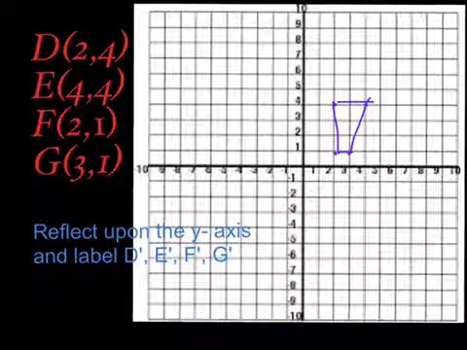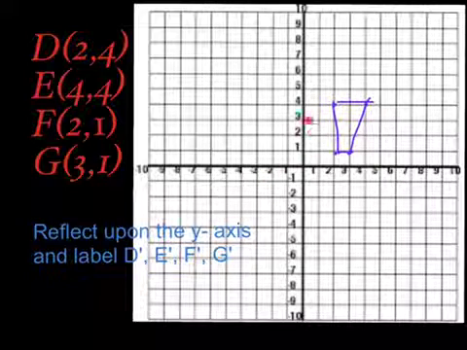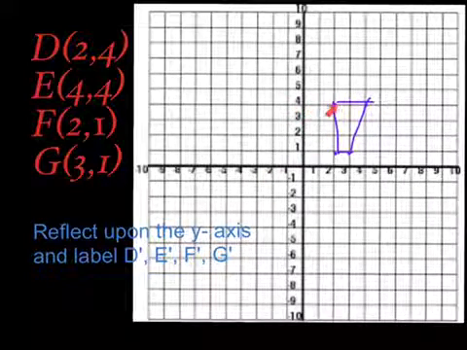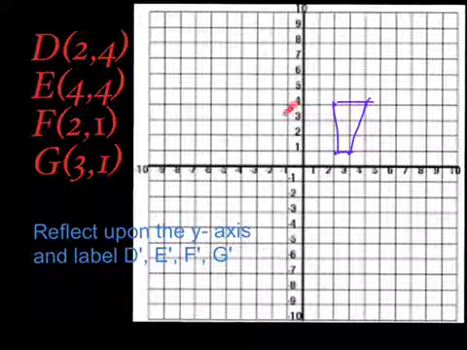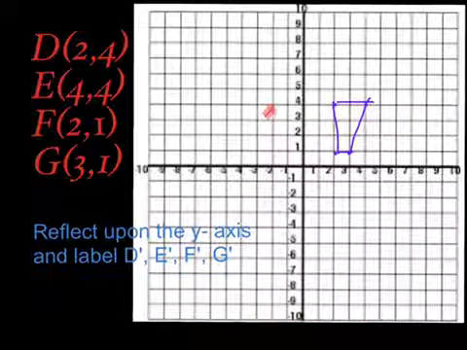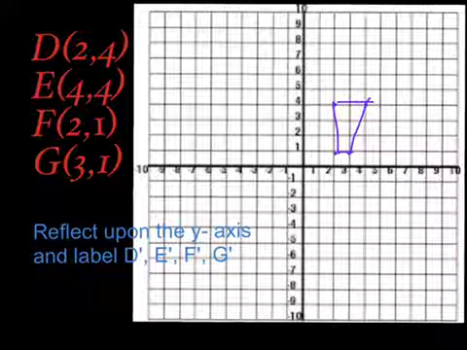So now we reflect upon the y-axis. Here's an easy trick. You see how it's at 4 and over 2? Just start at the 4 and go negative 2. So -1, -2. So that would be your new D figure. So now label that.